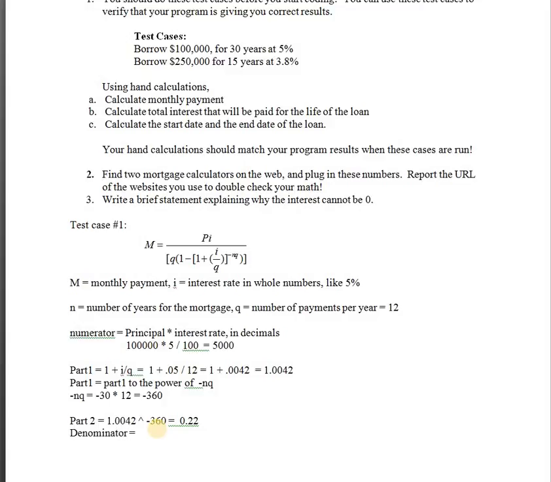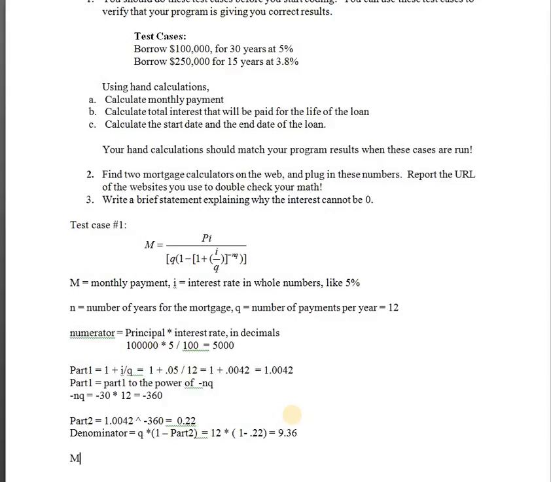It is going to be equal to 1 minus part 2, and all of that times Q. And that's going to be equal to 12 times 1 minus 0.22, and that's going to equal 9.36.